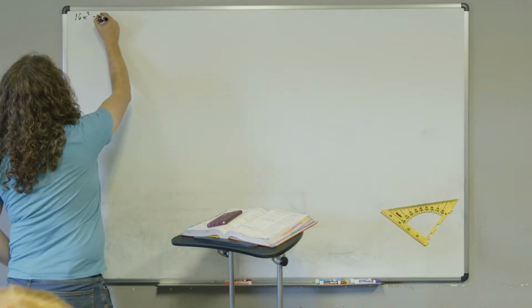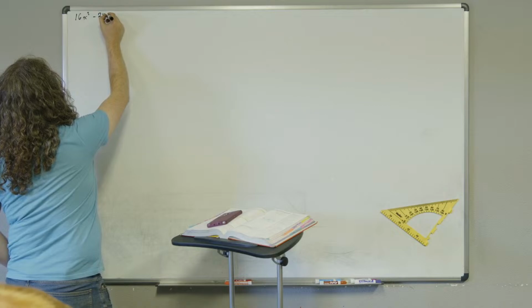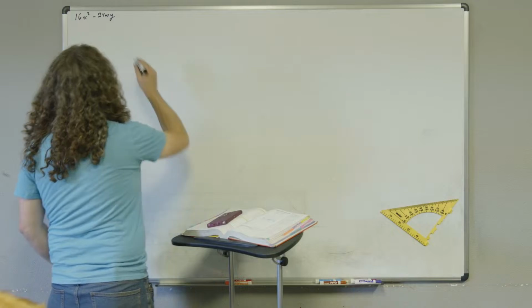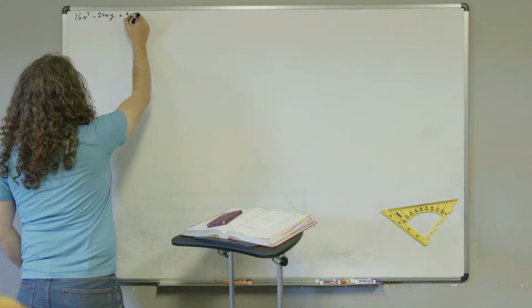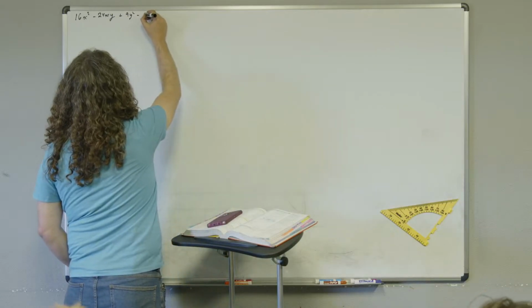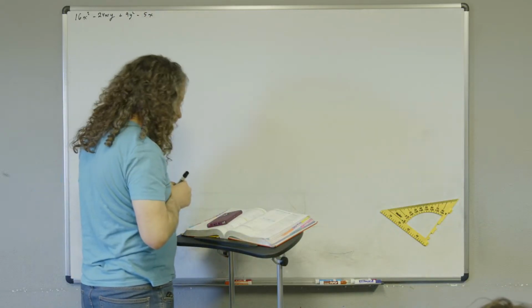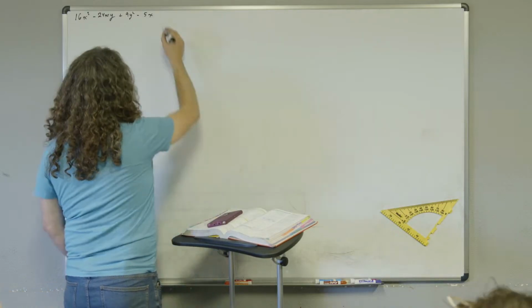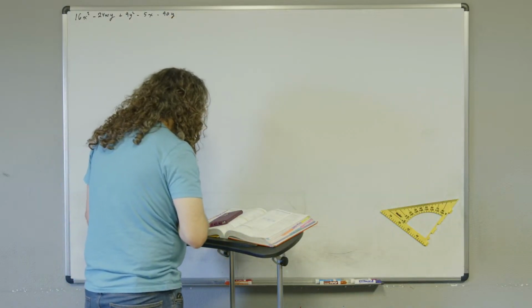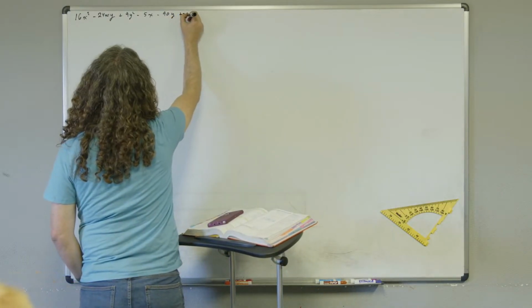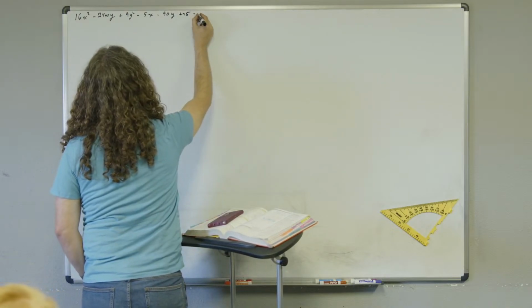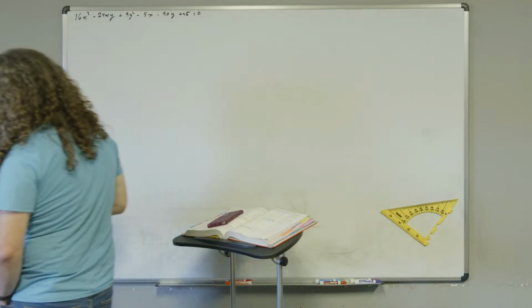Minus 24xy plus 9y squared minus 5x minus 90y plus 25 equals 0.